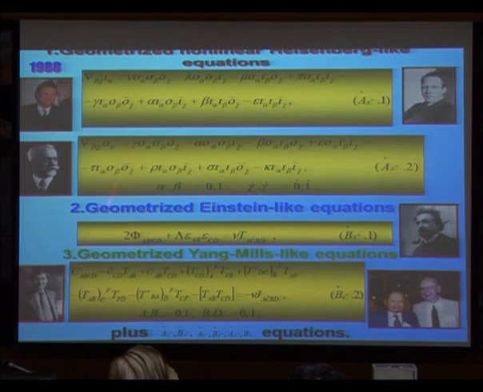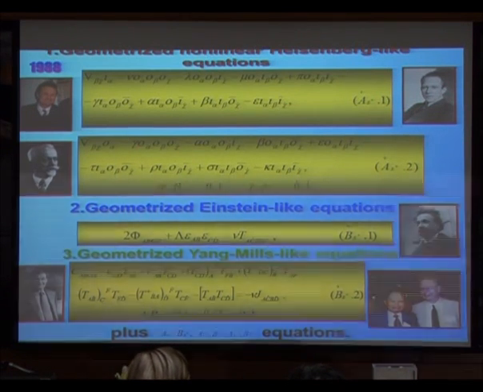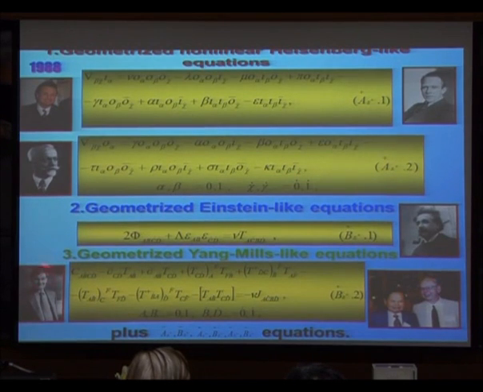And in this team, here we can see the physicists Heisenberg, Einstein, Yang and Mills, and here Roger Penrose and Richard Thaler. In these equations we have two-component spinors, which were introduced by Richard Thaler first.